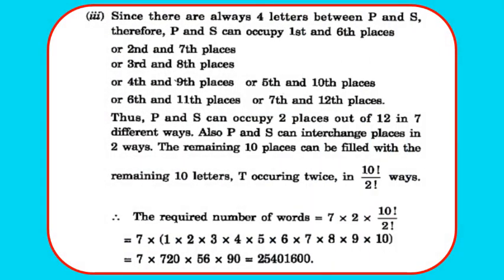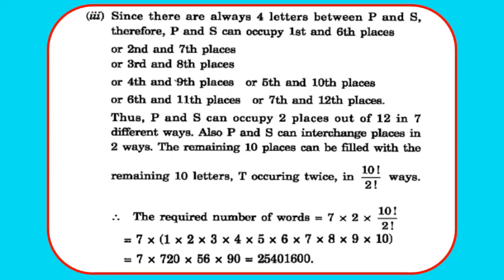Now the third part. It is given that there are always 4 letters between P and S. Therefore P and S can occupy first and sixth, second and seventh, third and eighth, fourth and ninth, fifth and tenth, sixth and eleventh, and seventh and twelfth. So P and S can occupy 2 places out of 12 in 7 different ways.